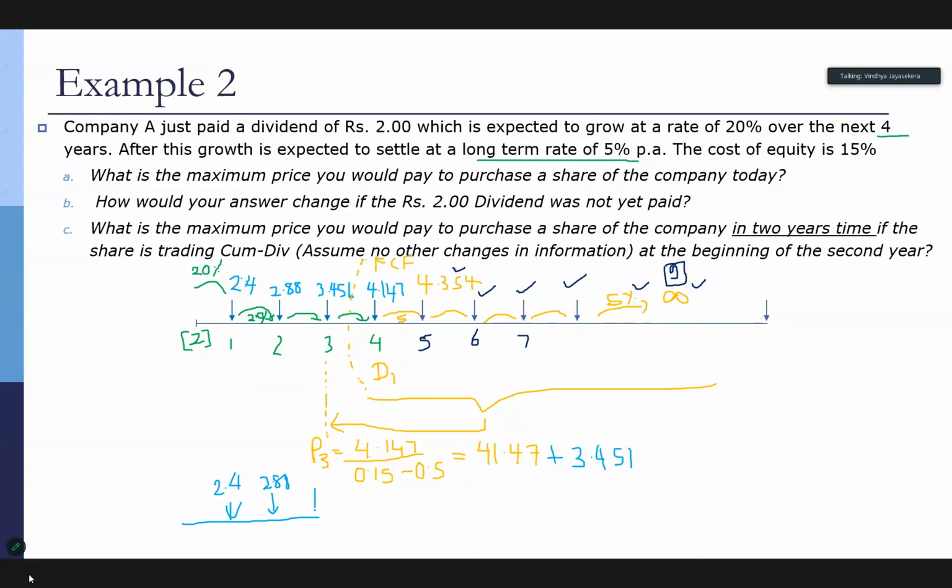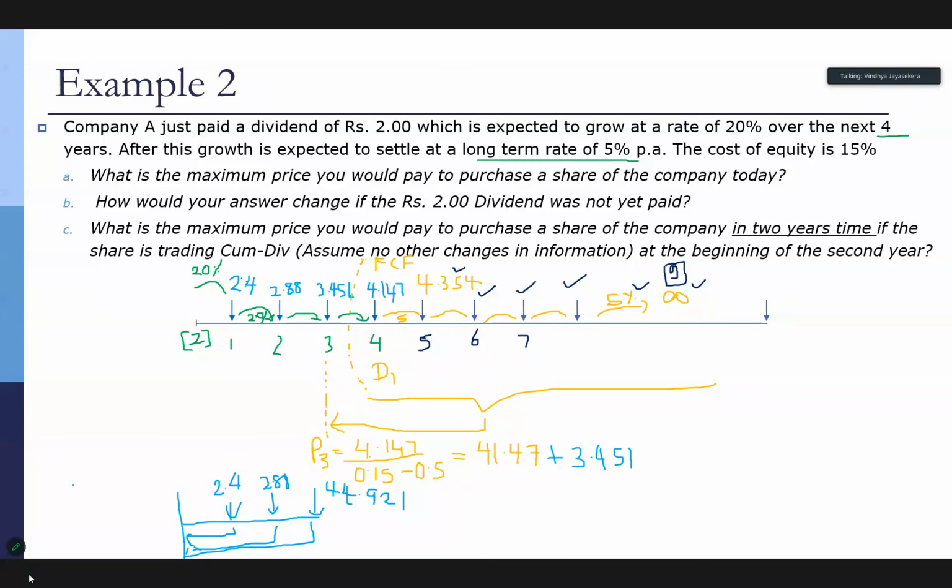And in year 3, I get 41.47 plus 3.451, which is 44.921. And now I have to discount each of these cash flows to today to get the value of the company.